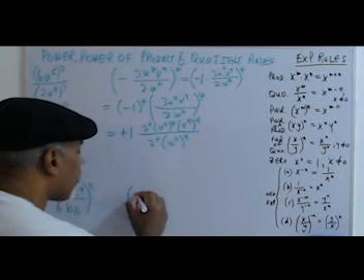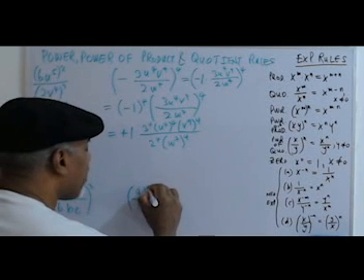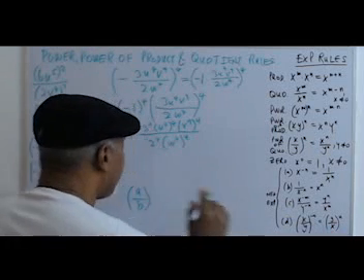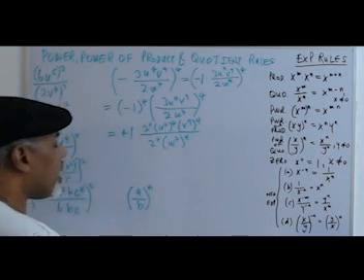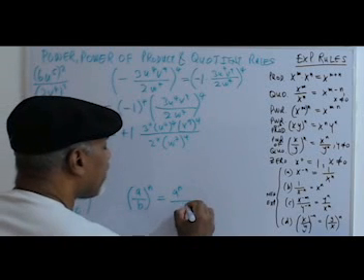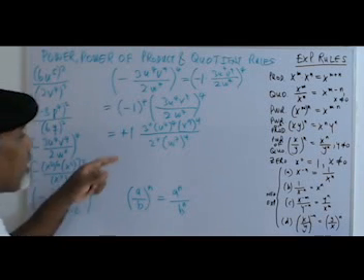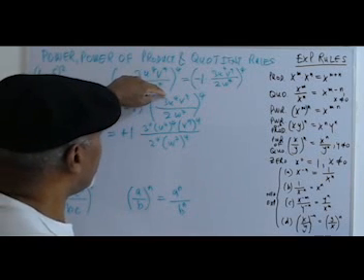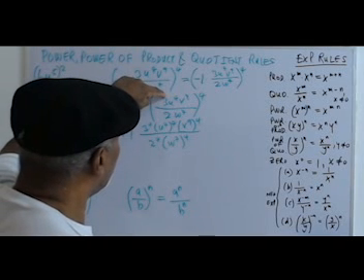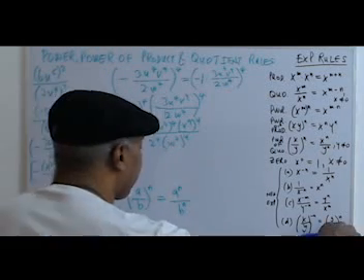The power of a quotient rule says that if I have a fraction and I'm raising it to a power, let's call the power n for some natural number, it's the same as the numerator raised to that power divided by the denominator raised to that power. So this is just a little bit more complicated. I have combined the power of a product rule and power of a quotient rule here in that step.